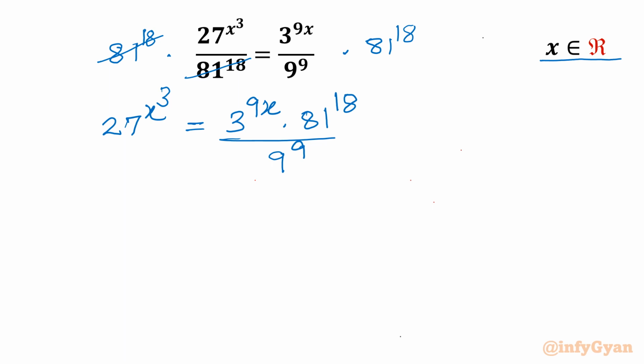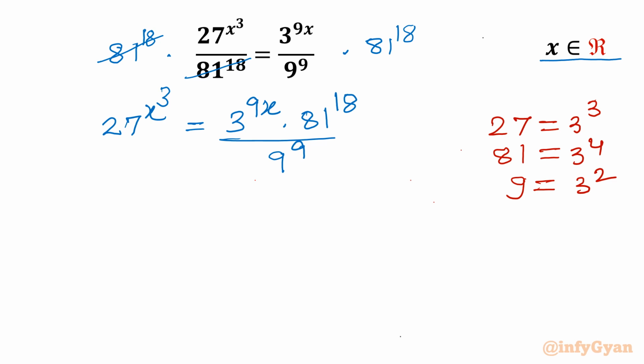Now I will convert into a common base. So 27 can be written as 3³, 81 can be written as 3⁴, 9 can be written as 3². So here I will replace 3³, here I will be writing 3⁴ and here I will be writing 3².